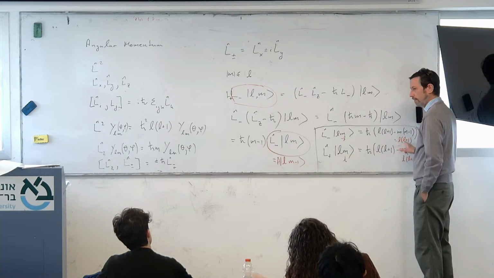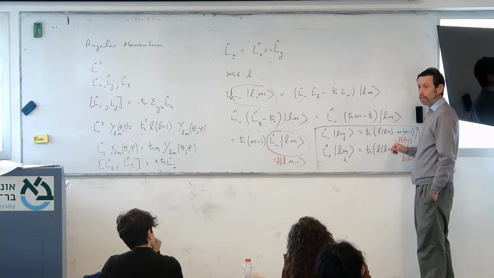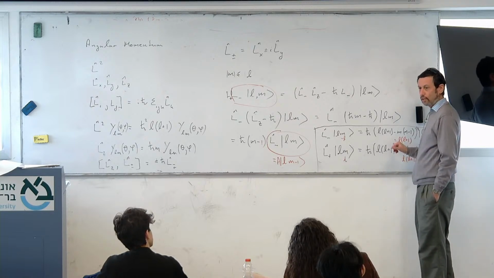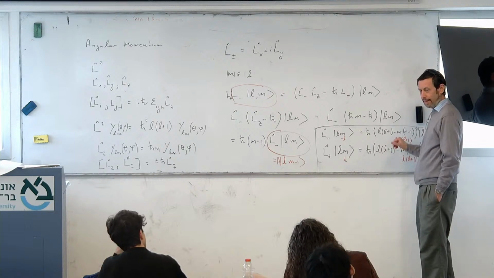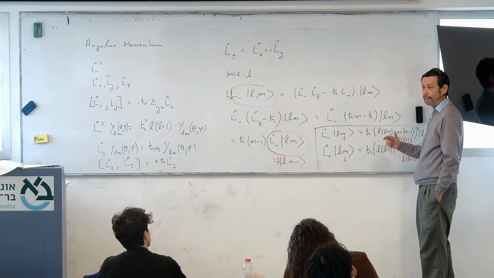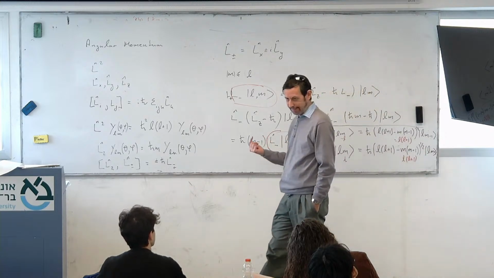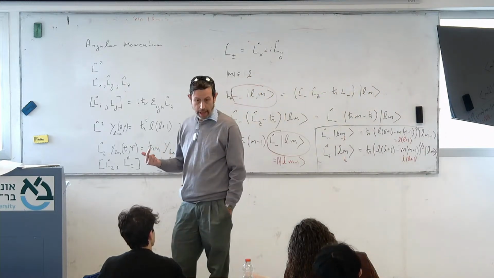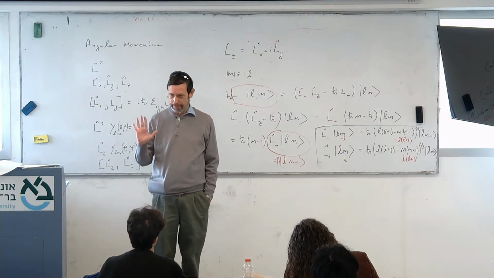If L is not an integer, what will happen? In one of these two edges, I'll go to a negative number, right? M must be an integer, right? Built in.